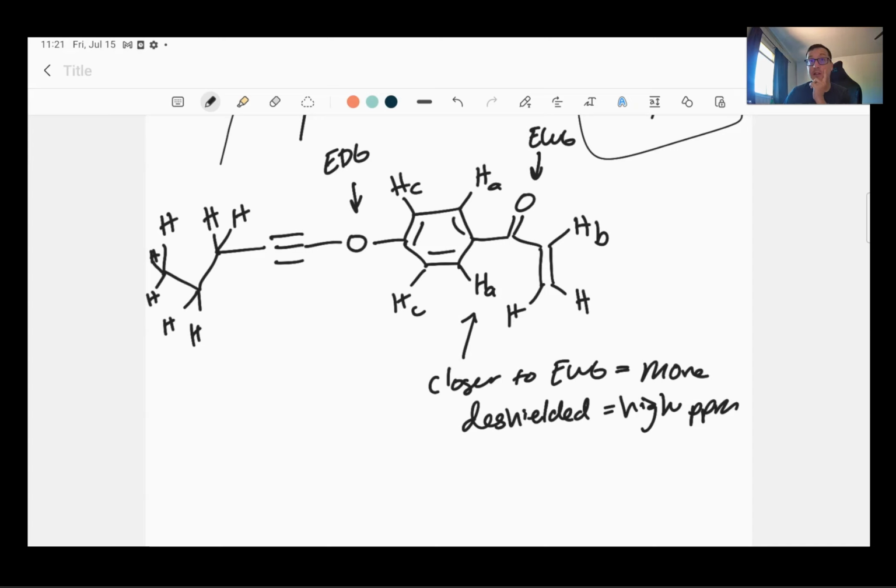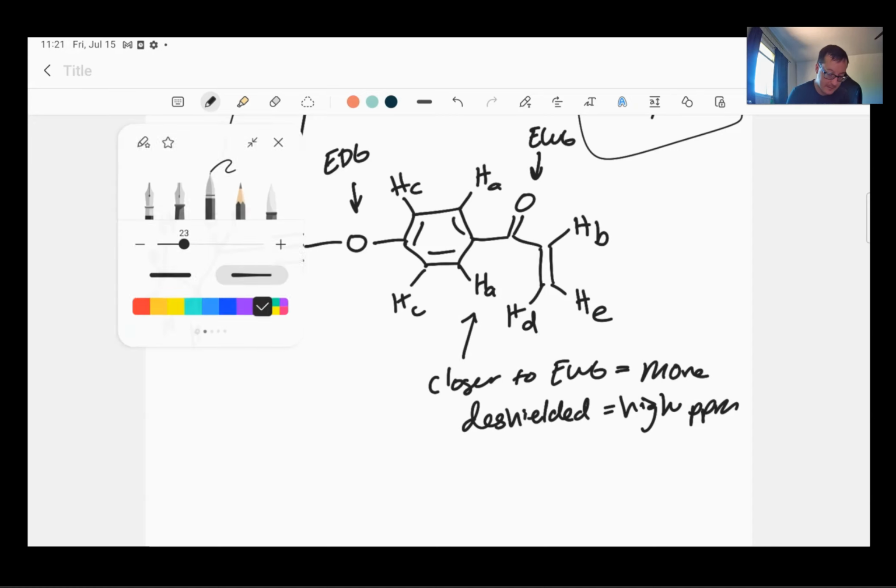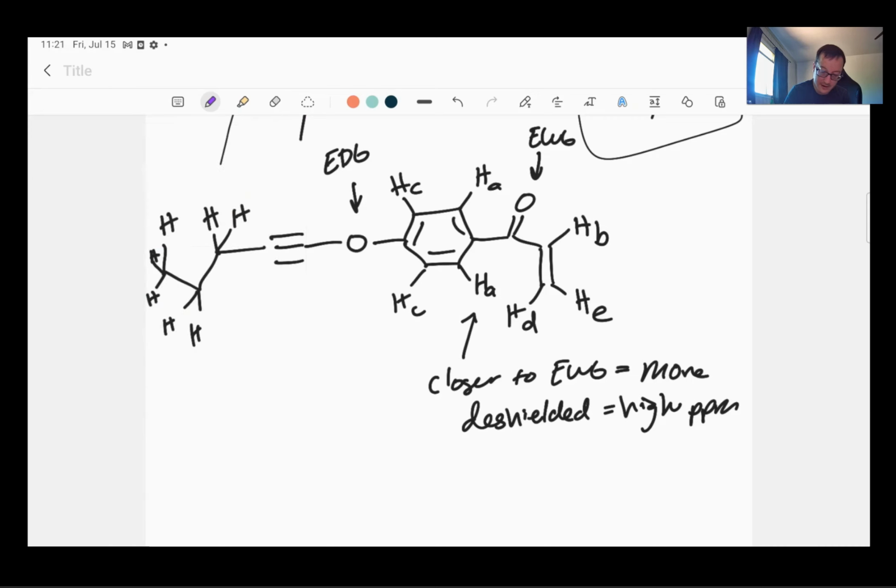I would agree that D is indeed the lower left. Matt had written that in a message. So I would agree that this is D and this is E. The reason is, if we take a look at the coupling constants, 17 versus 12, 17 is bigger.